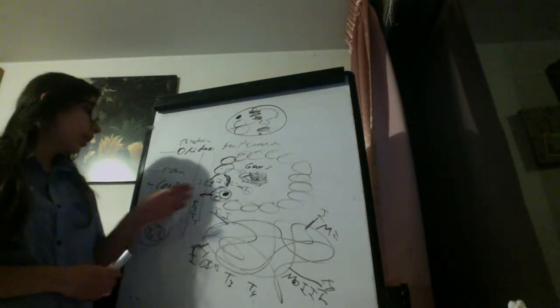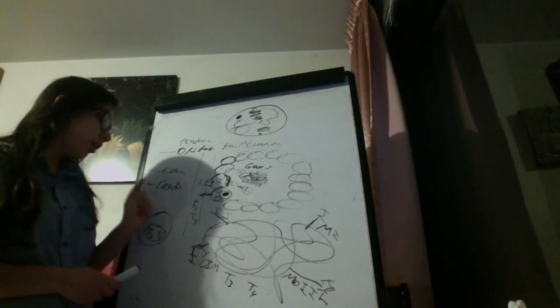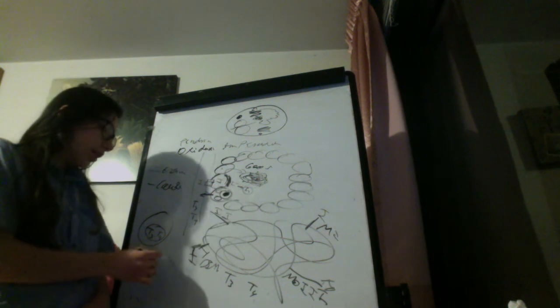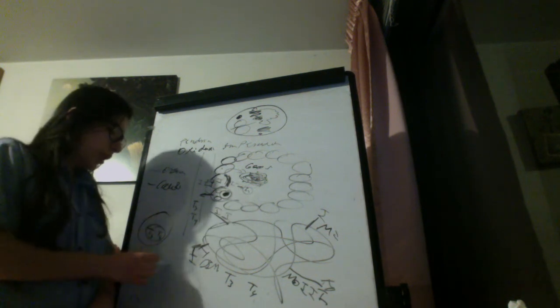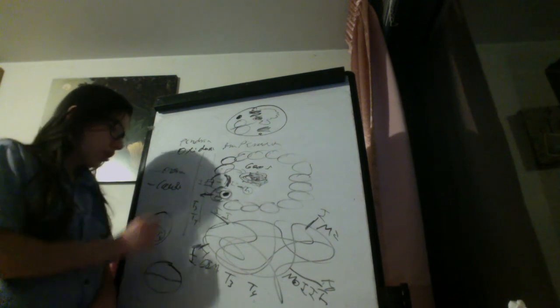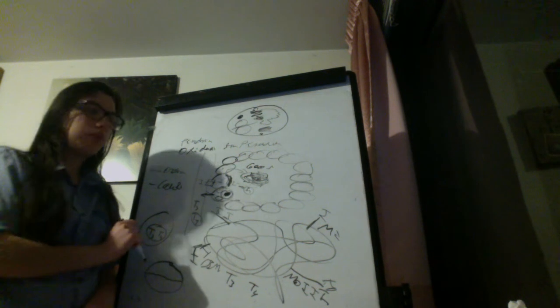Now in the blood, T3 and T4 go to every cell, and the receptor for T3 and T4 is in the nucleus, because these are hydrophobic hormones.